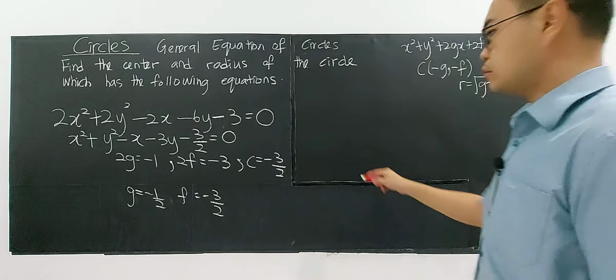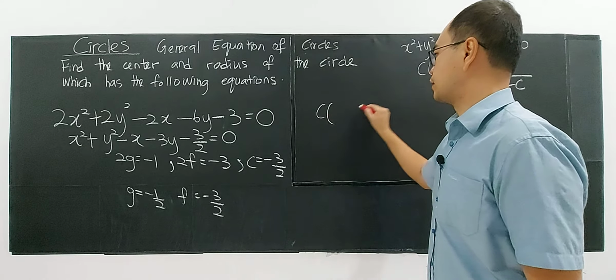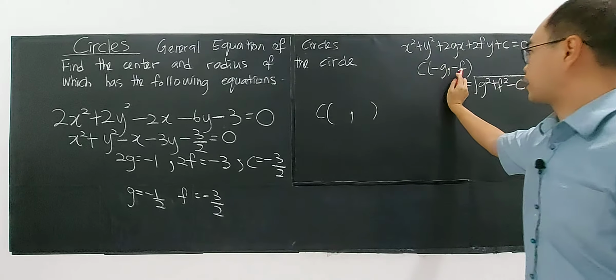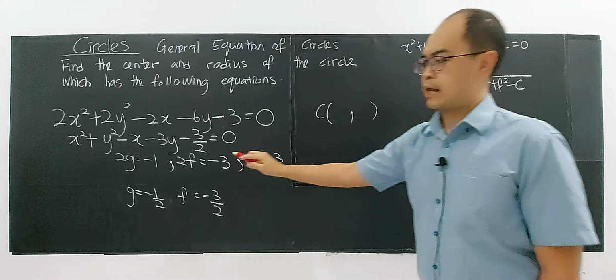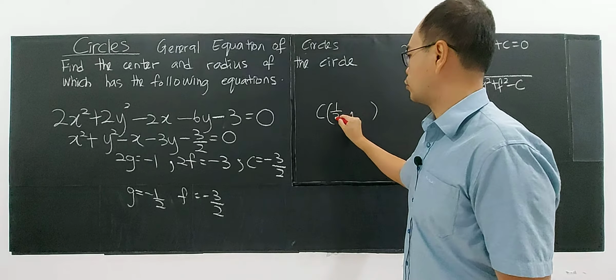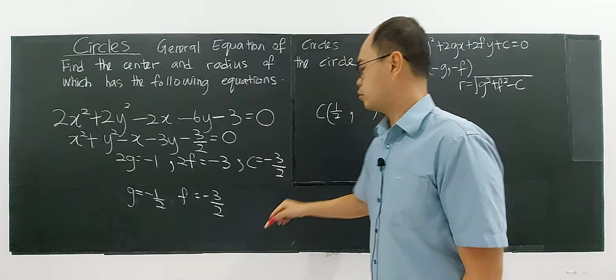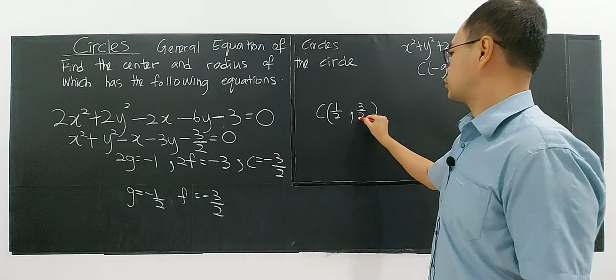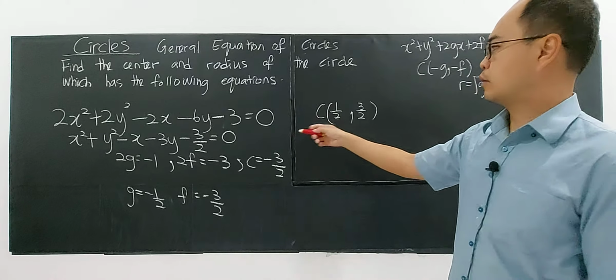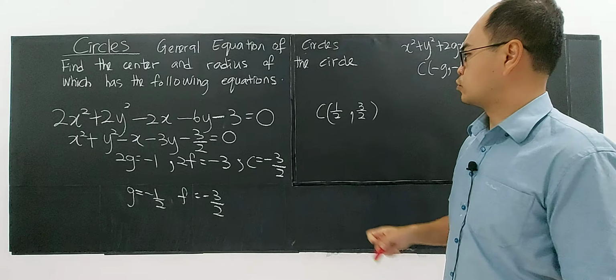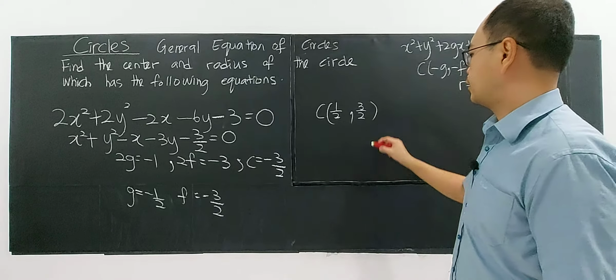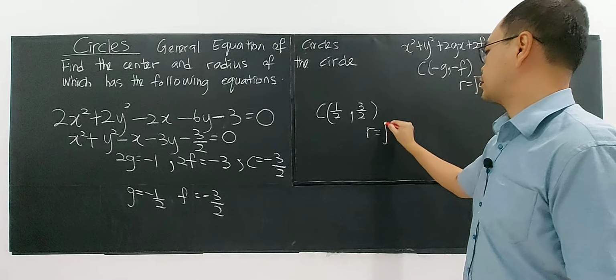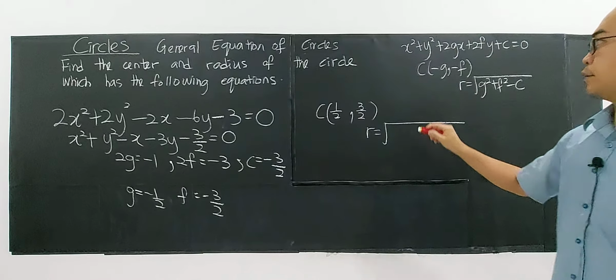The center is negative g, negative f, and because the negatives become positive, the center of this circle is x equals 1 over 2 and y equals 3 over 2.